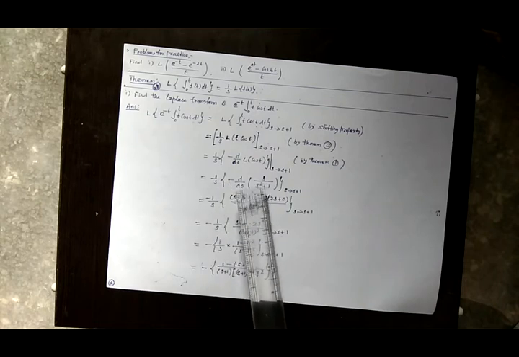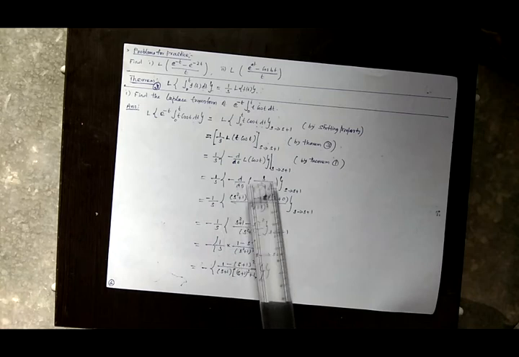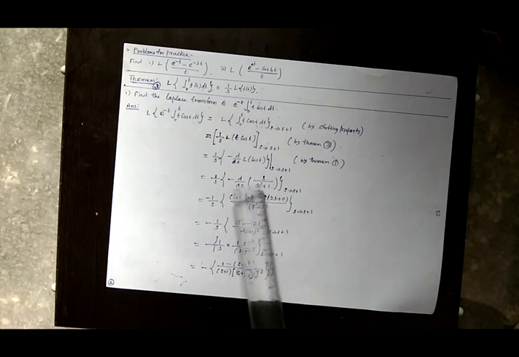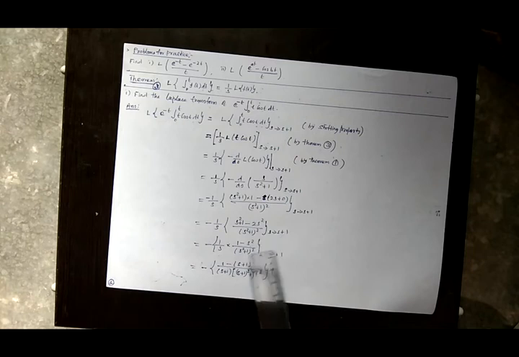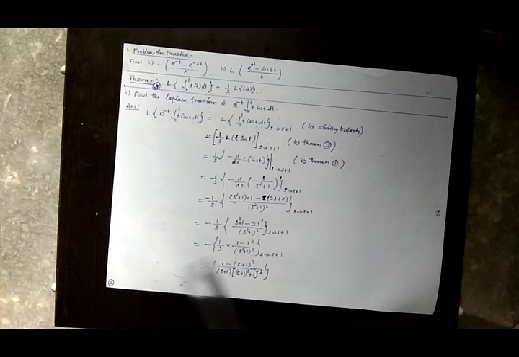It is of the form u by v. So its derivative is v into the derivative of the numerator, that is 1, minus u, which is s, into the derivative of the denominator, which is 2s, by v square. If you simplify, you get this value: 1 minus s square by s square plus 1 whole square. Already there is a 1 by s, and we have this here.